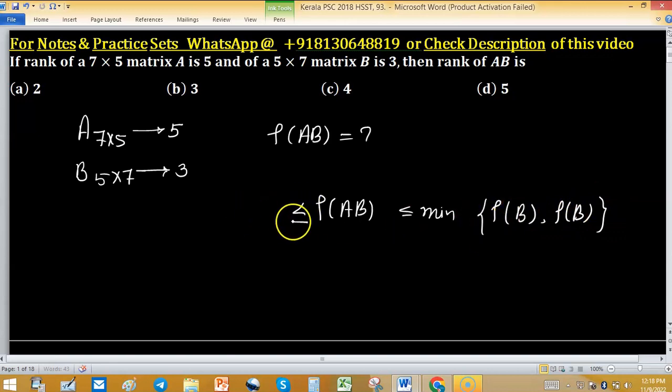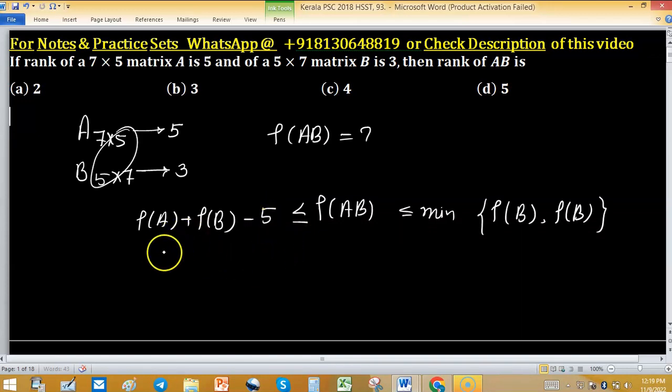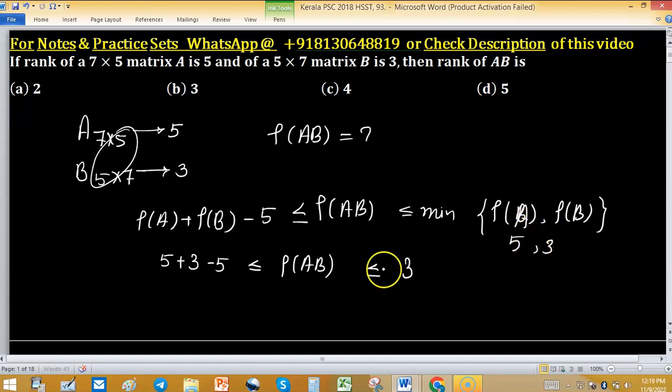and greater than or equal to rank of A plus rank of B minus the common value, as the common value is 5, because 5 is responsible for making the multiplication of these matrices. So rank of A is 5, rank of B is 3, minus 5, less than or equal to rank of the product AB, less than or equal to 3, because the ranks of B and A are 3 and 5 and the minimum value is 3.